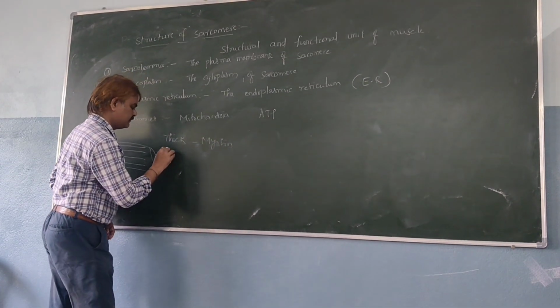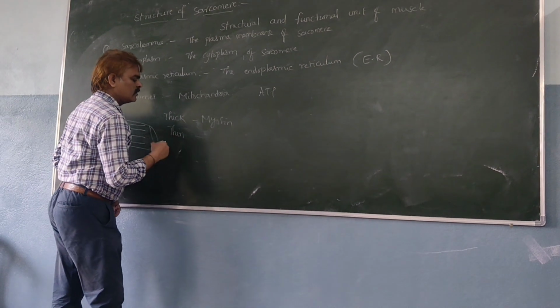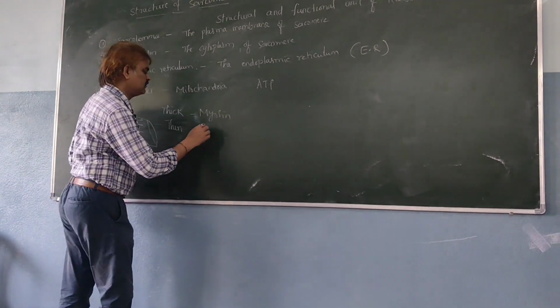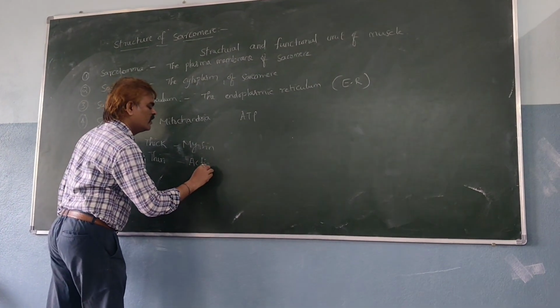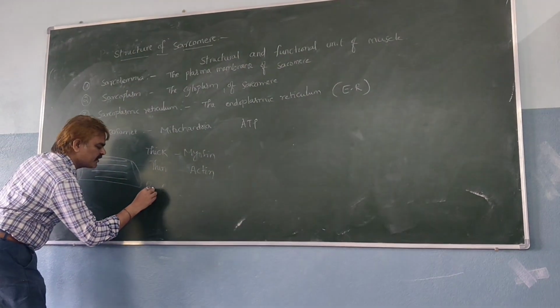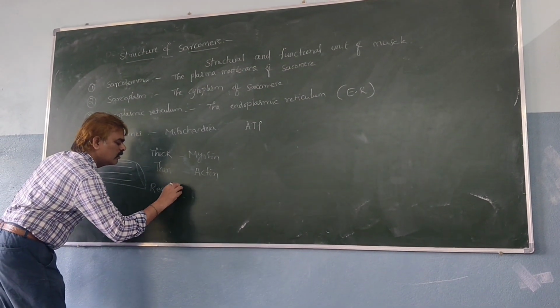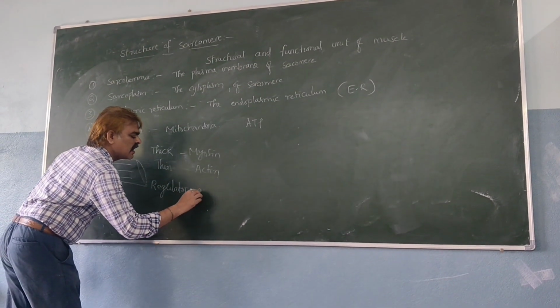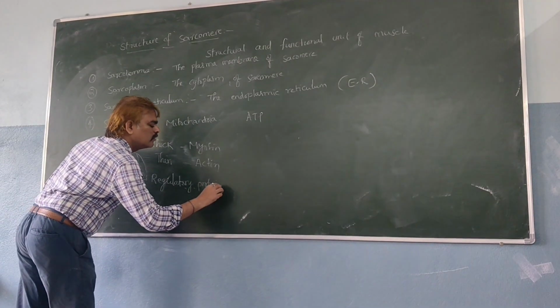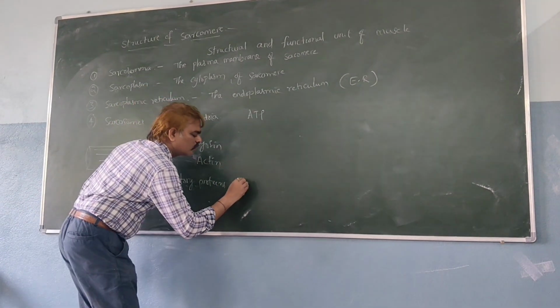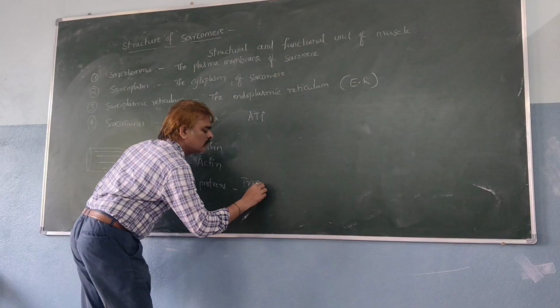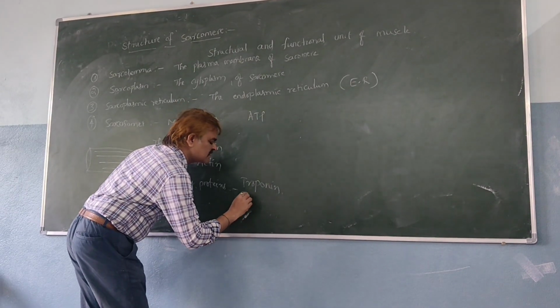Thin filament is actin. And some regulatory proteins are there. The regulatory proteins are two: troponin and tropomyosin.